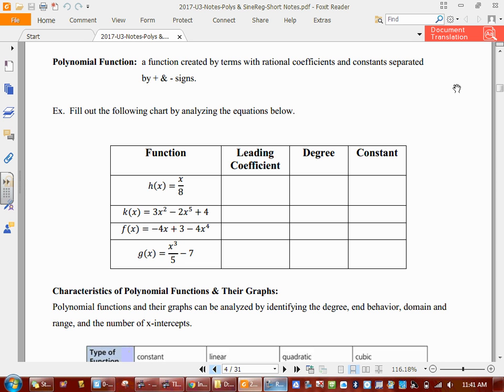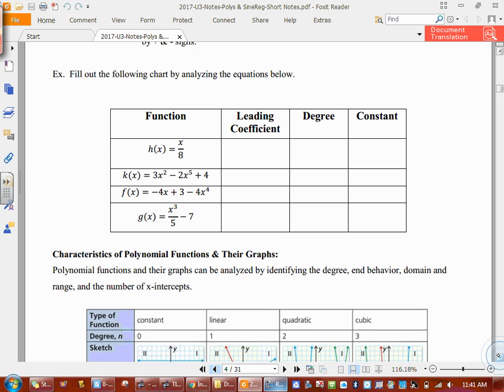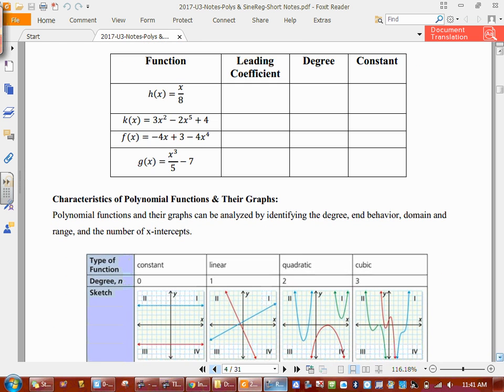So we're going to go down, we're going to find out what we have for leading coefficient, degree, and constant. Now don't be afraid of the way it looks. We're used to seeing our equations as y equals, or the equations equaling 0. All they've done is they have changed the y to something for problem solving. That's all they've done.